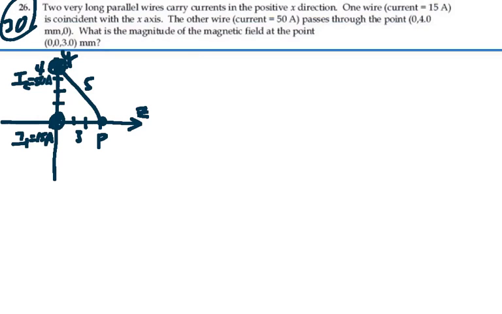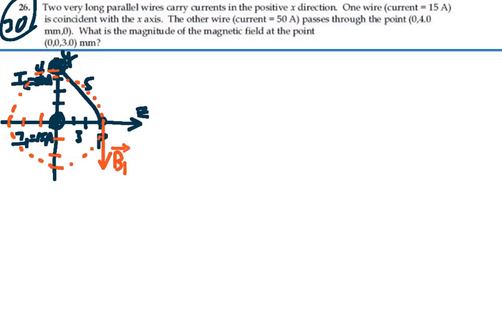Now as we're considering these currents, using the right-hand rule, there's going to be a magnetic field going clockwise around each of these currents going into the page. So if we were to consider the clockwise around wire number 1, it would be going around like this, and this magnetic field B1 would be going straight down in the negative y direction.